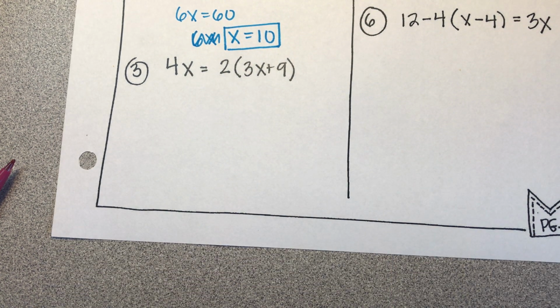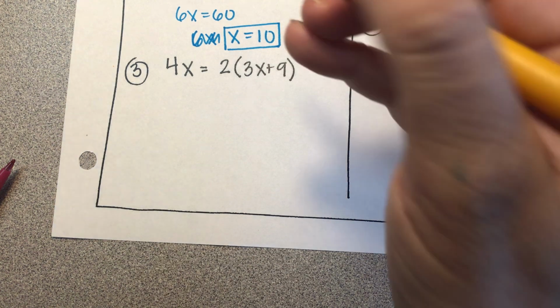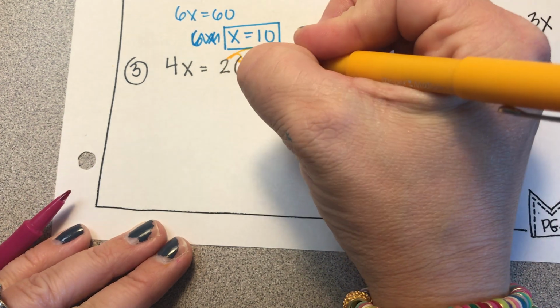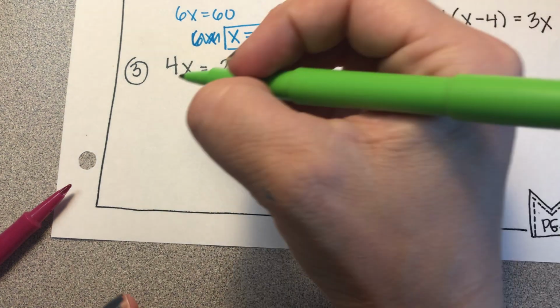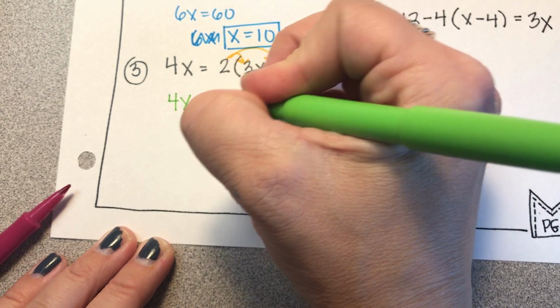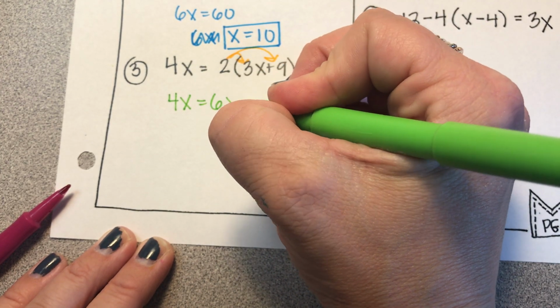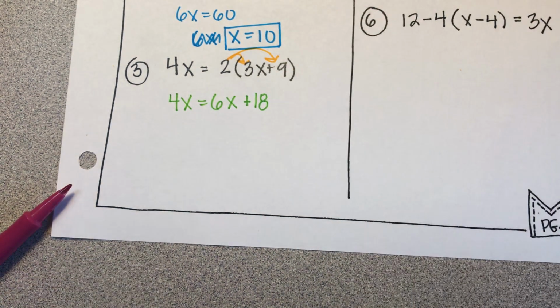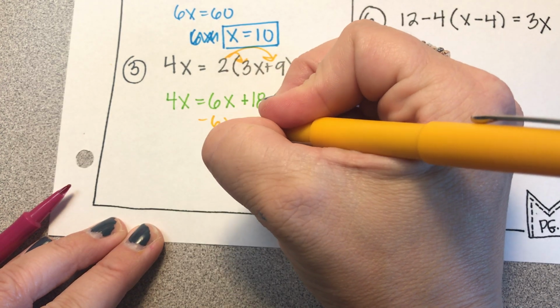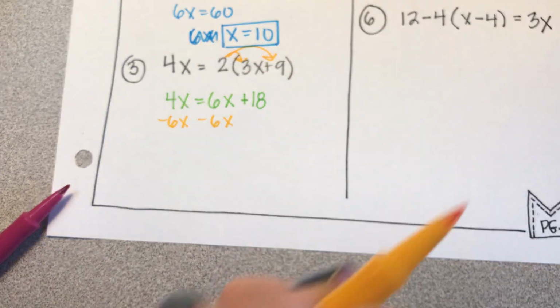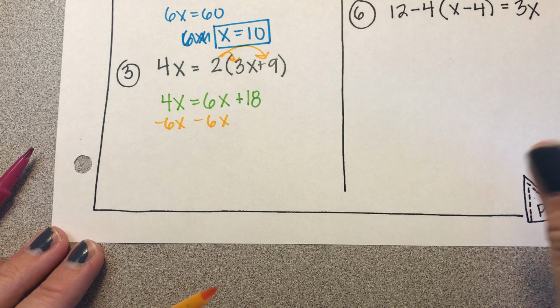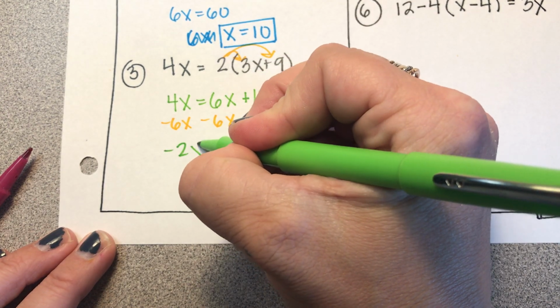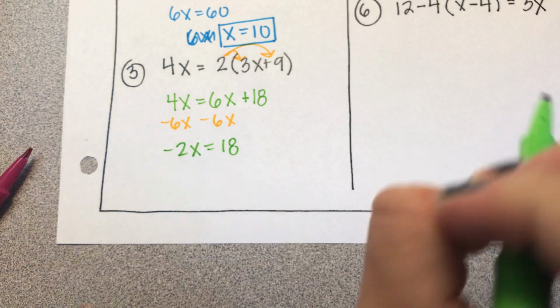Let's look at number 3. Distributive property again first. So we get 4x equals 2 times 3x is 6x plus 2 times 9 is 18. I only want variables on one side, so I'm going to subtract 6x from both sides. 4x minus 6x is negative 2x equals 18.